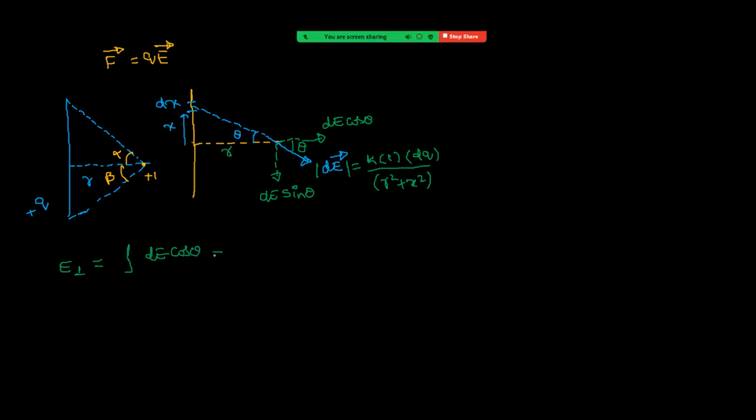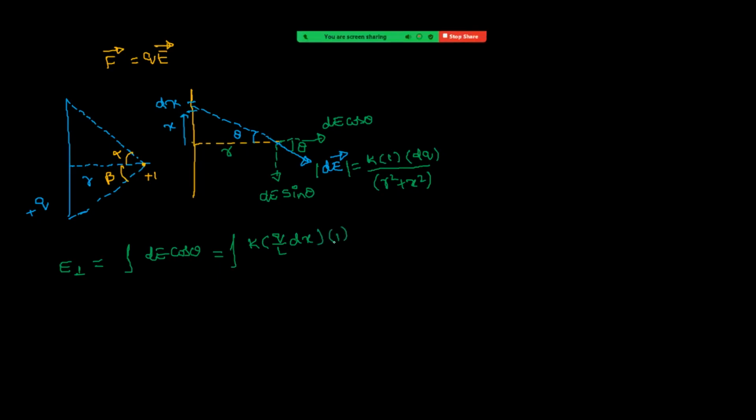dE cos theta equals integral K into dq. What can we write for dq? If the length is L, dq can be taken as q by L into dx, in the place of dq.